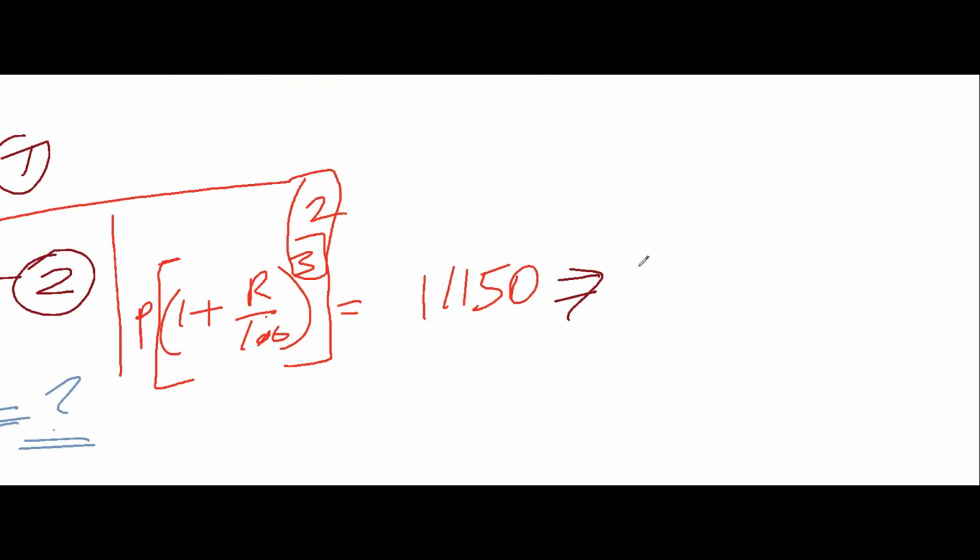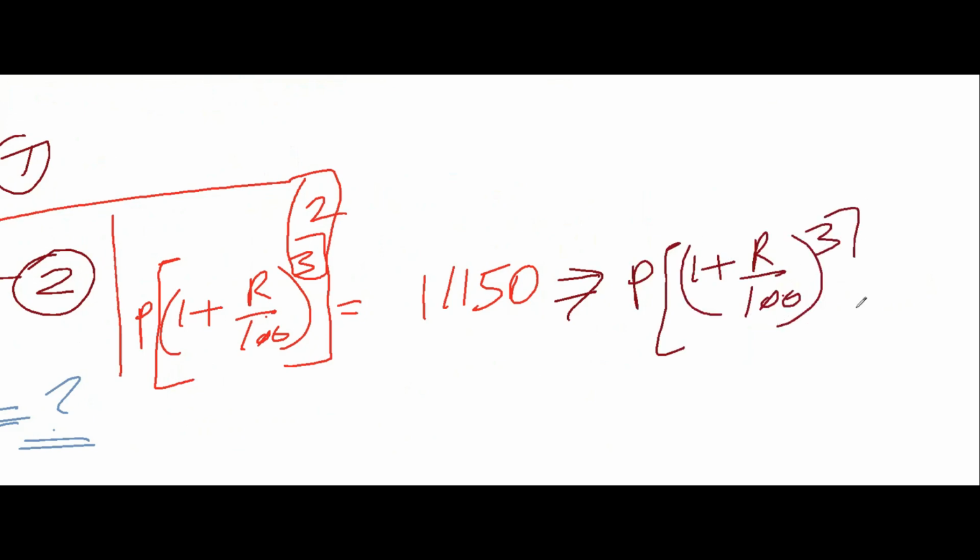It will be P, then (1 plus R upon 100) the cube, the whole square. What is (1 plus R by 100) the whole cube?